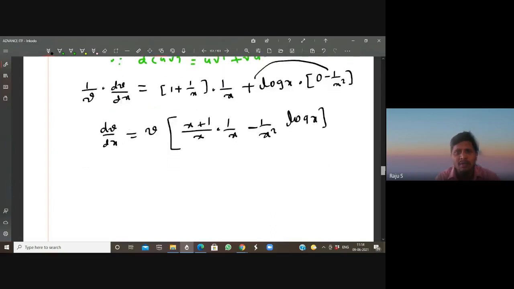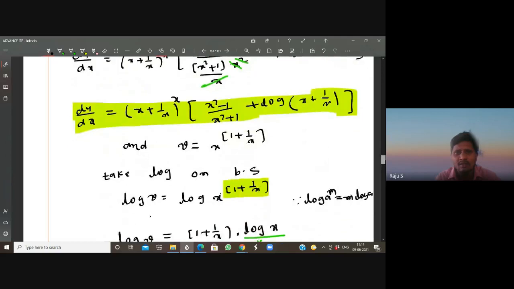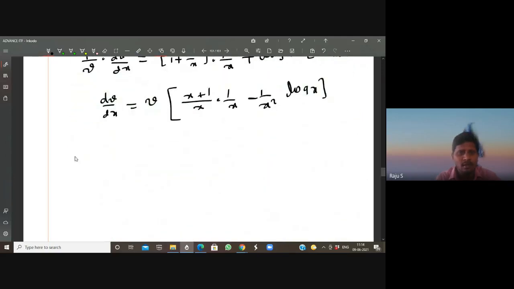Now you have to replace v. What is v again? The v value is x power 1 plus 1 by x. So dv by dx is equal to x power 1 plus 1 by x. Now is there anything common in both the terms?